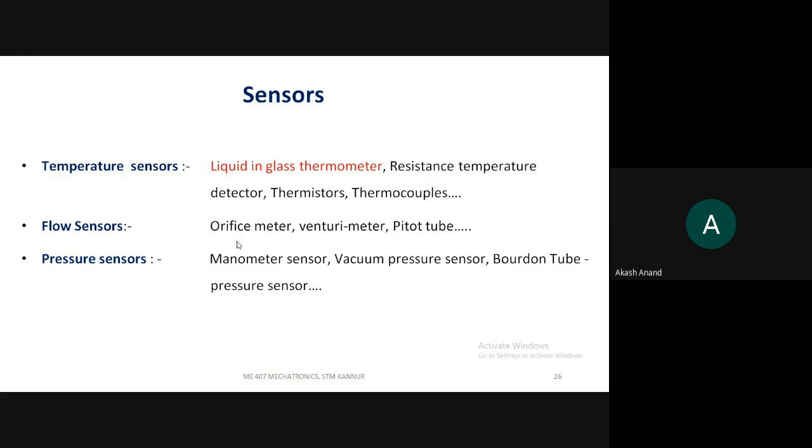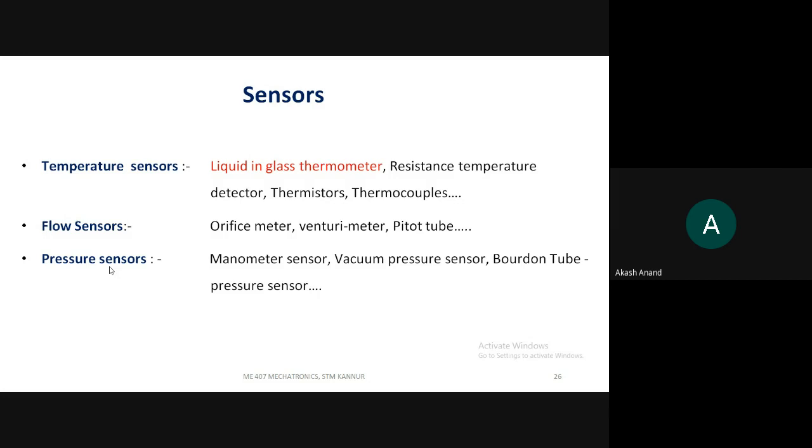So the next type of sensors are pressure sensors. Similar to the temperature sensor and flow sensor, the pressure sensor is the sensor which is used to sense the pressure, usually of fluids.